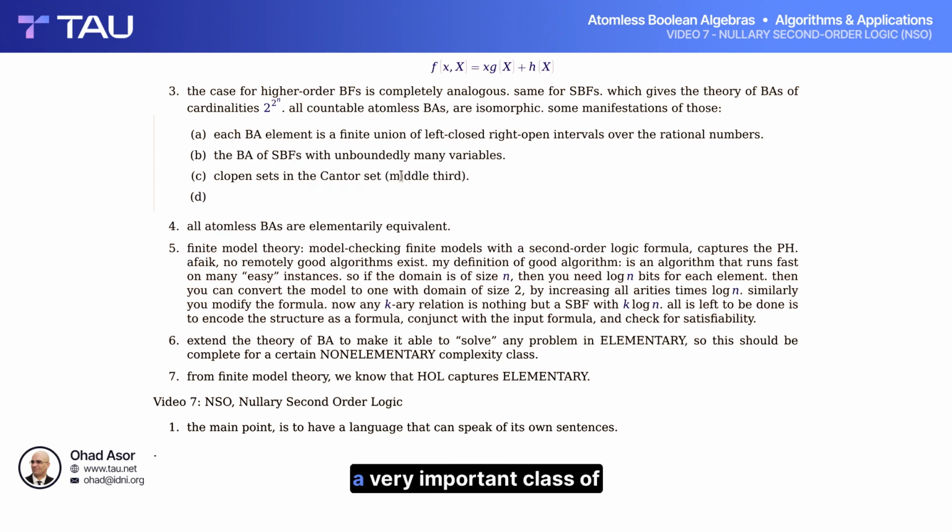Okay. A very important class of atomless Boolean algebras are Lindenbaum-Tarski algebras of logics with infinite signature. So if you have some logic that is closed under conjunction, disjunction, and negation, then its sentences make a Boolean algebra.